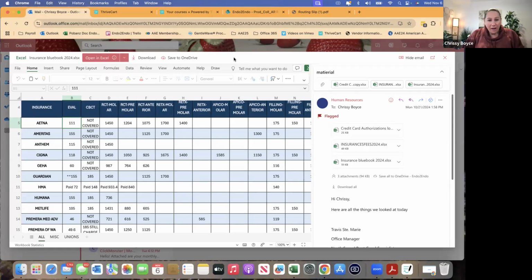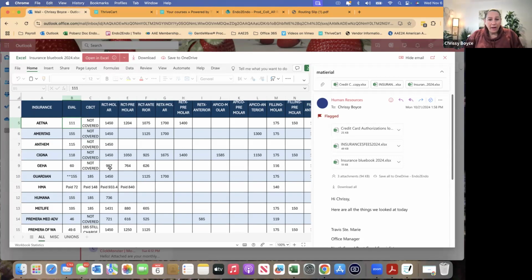So if it's out of network, the insurance company will tell us what percentage they're going to cover. We'll consult this blue book, is what they call it.